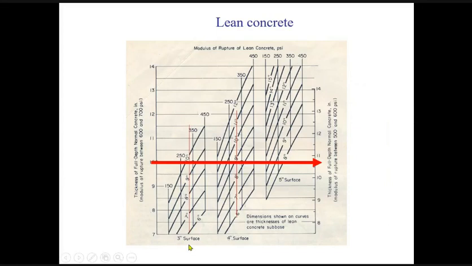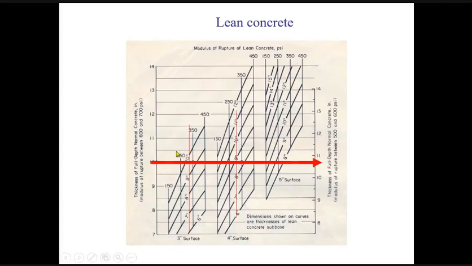If you have come up with a 6 inch lean concrete, 3 inch lean concrete, 4 inch lean concrete, or a 5 inch surface: if your modulus of rupture is between 600 and 700 psi, you will go from this side of the curve. And if your modulus of rupture is between 500 and 600, you will use this type of curve.